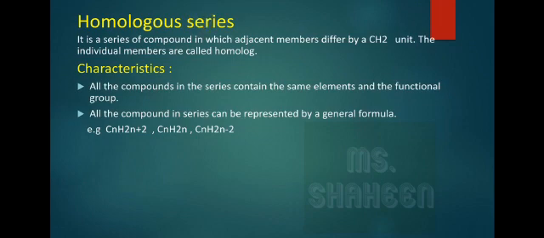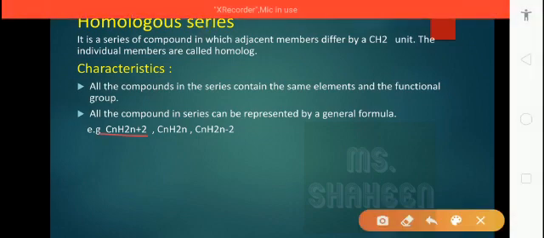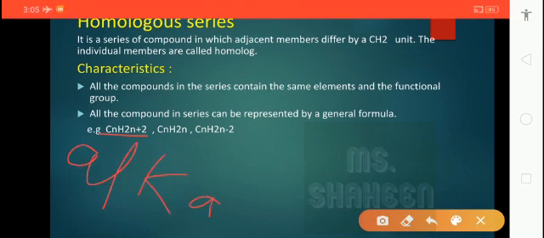The first one is CnH2n+2, which is the formula of alkane. In alkane, carbon and carbon have a single bond.